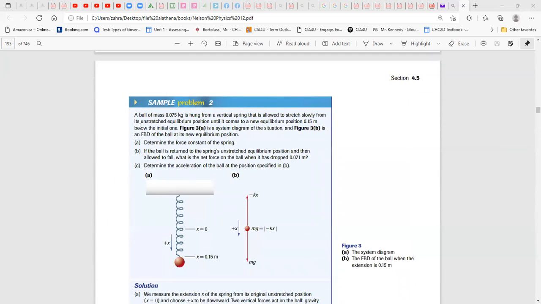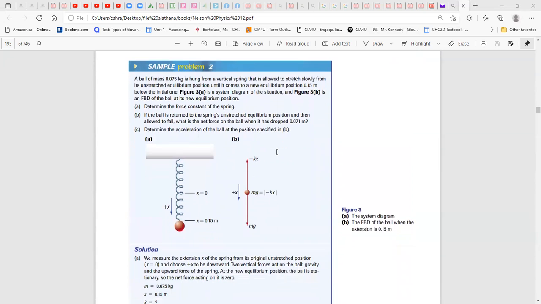Here is another question. A ball of mass 0.075 kilograms is hanging from a vertical spring that is allowed to stretch slowly from its unstretched equilibrium position until it comes to a new equilibrium position 0.15 meters below its initial one. Determine the force constant of the spring.